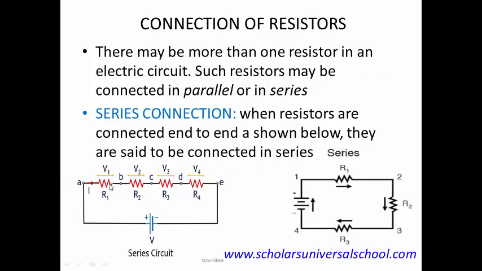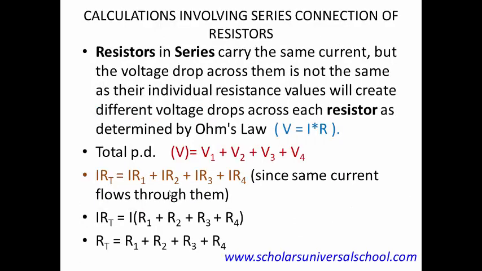The total potential difference across R1, R2, R3, and R4 is going to be the sum of the voltage drop across each of those resistors. That is, the total PD, V, is equal to V1 plus V2 plus V3 plus V4. V1 is the voltage drop across resistor 1, V2 the voltage drop across resistor 2, and so on.